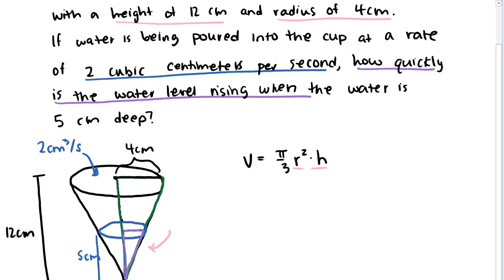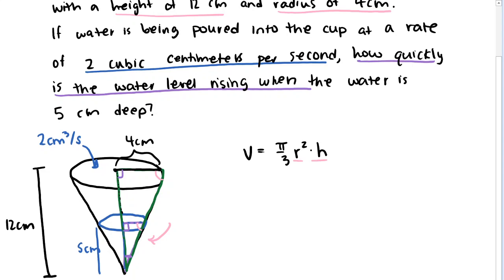These triangles both have a right angle, and they both share this bottom angle, and that means this last angle will be the same. The three angles have to add up to 180 degrees in both of these triangles, and they share two, so that last one has to be the same.